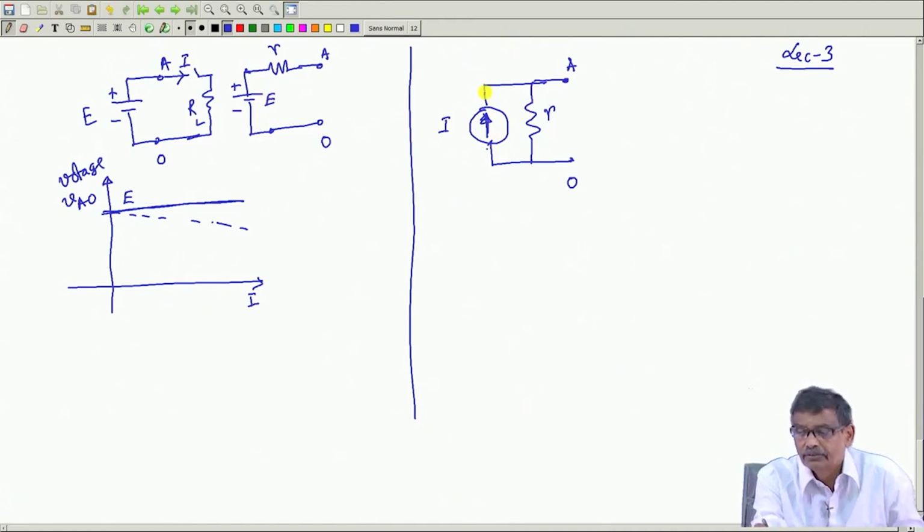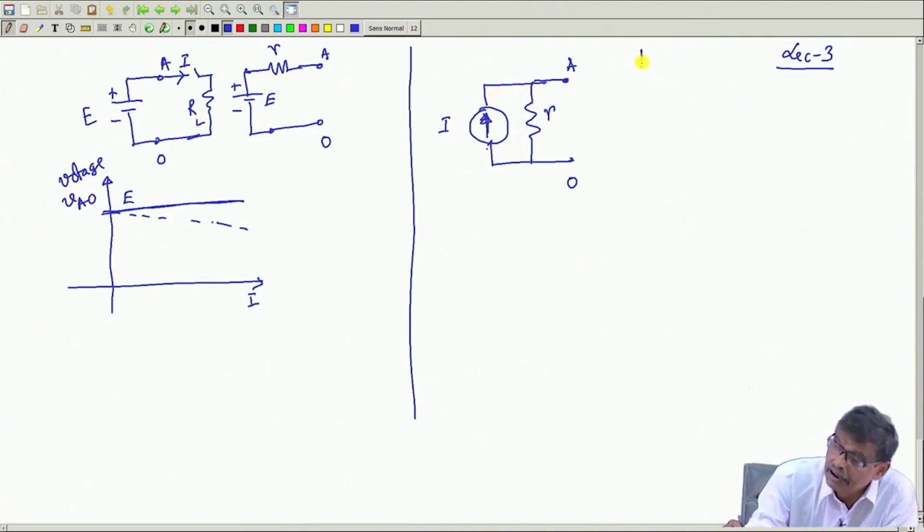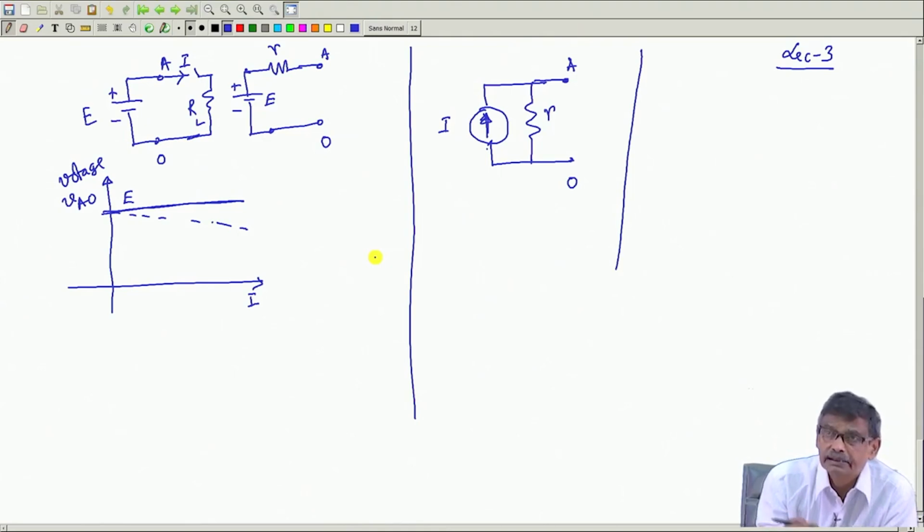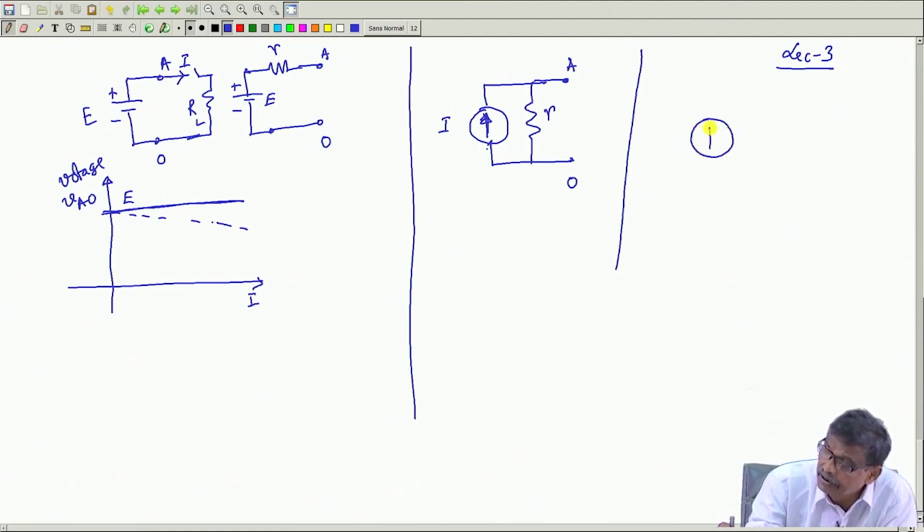Similarly, this current source somebody draws like this, it means this current will be constant, and a practical current source can be represented in this way with some internal resistance. An ideal current source will be represented like this, and instead of writing ISC, I will simply write I, how much current it will deliver.